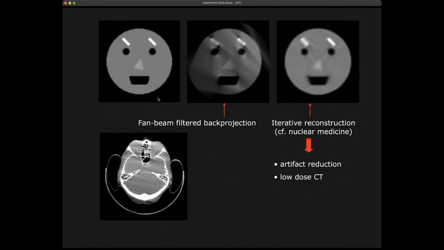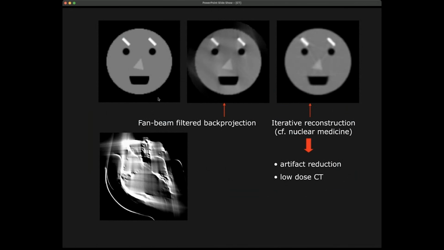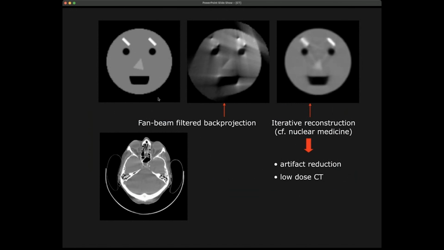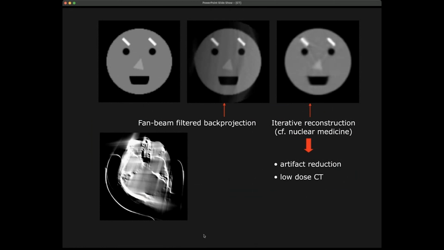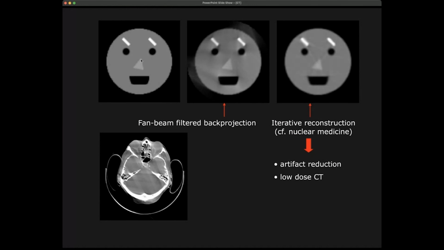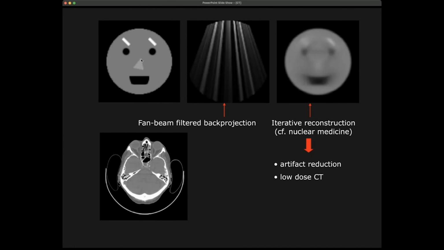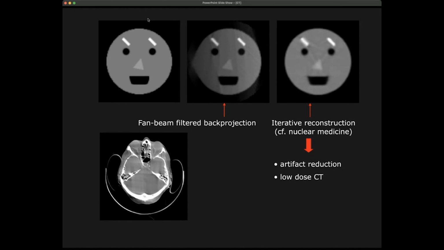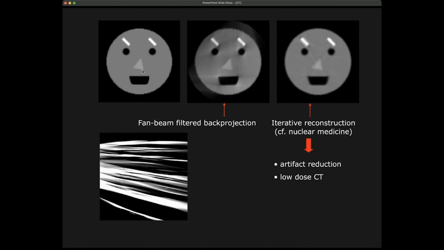So here you see this graphically illustrated. This is how we go from the projections to the image. Say that here on top, this was the distribution. So this would be the cross-section that we want to measure. We're going to make projections from all directions.